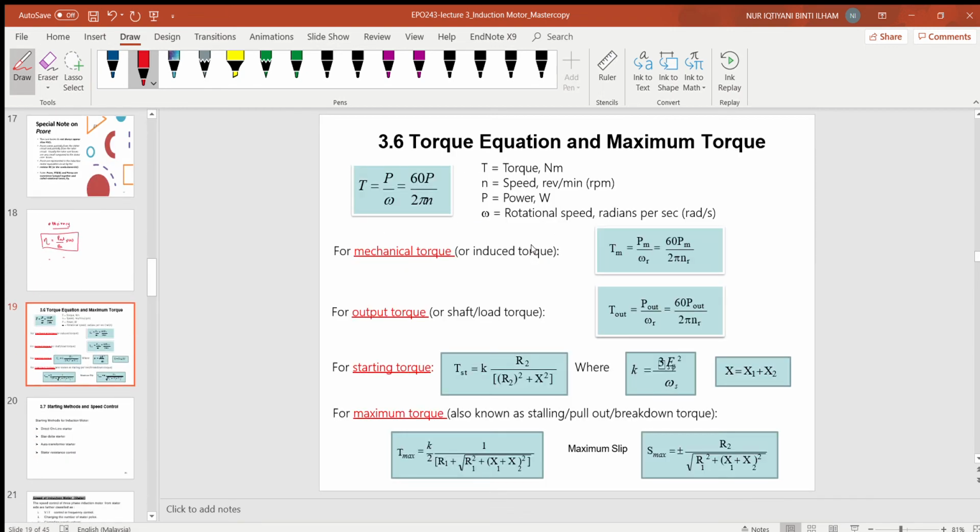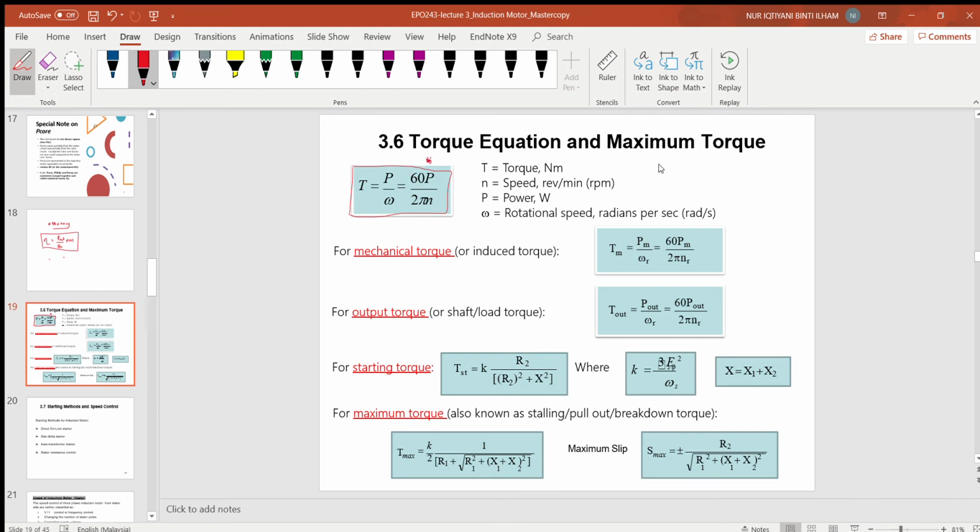We will continue with the torque equation and maximum torque. The torque equation can be written as P over omega. Omega is the rotational speed in radians per second, and P here is the power. How do we get this equation?